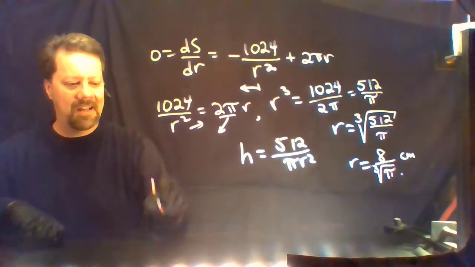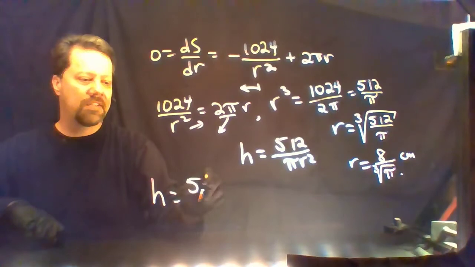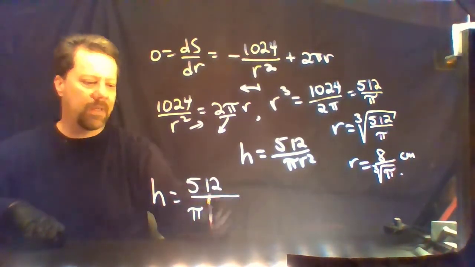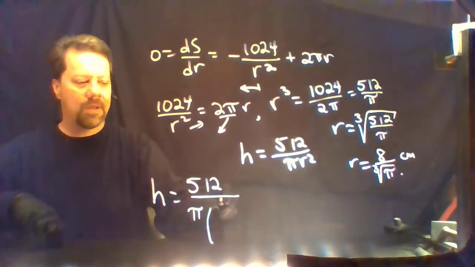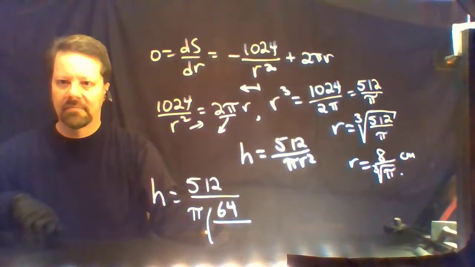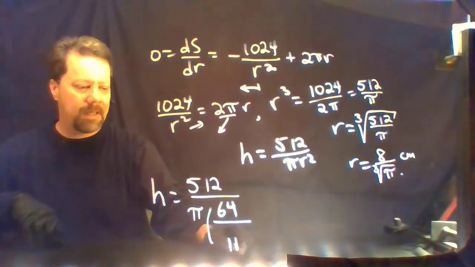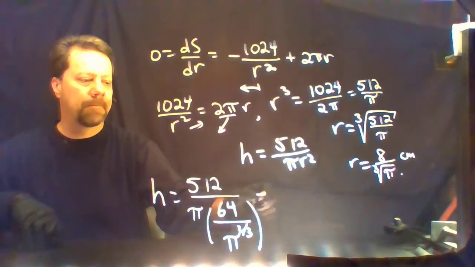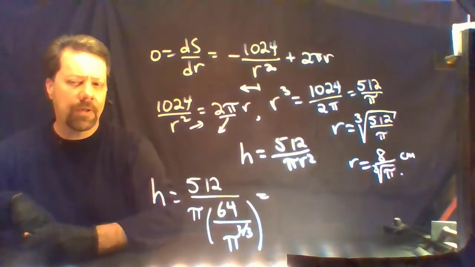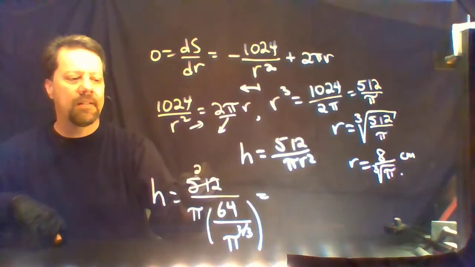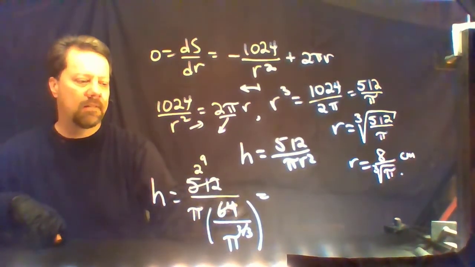So, the height is 512 divided by pi, r squared. 8 squared is 64, and the cube root of pi squared is pi to the power of 2/3. 64 goes into 512 how many times? Well, keep in mind, this is 2 to the power 9, and this is 2 to the power 6.